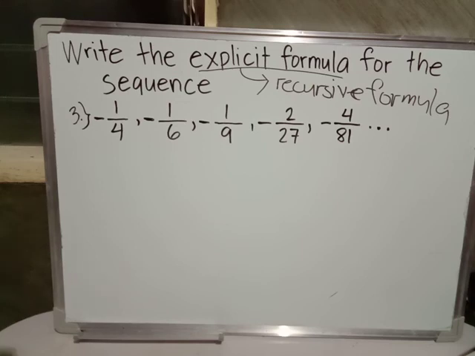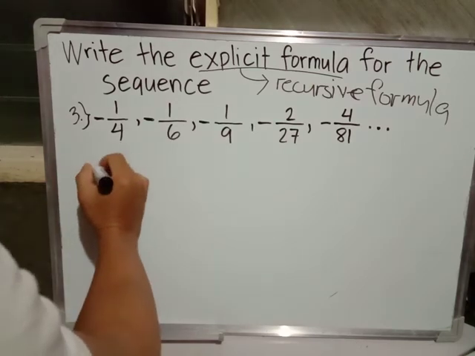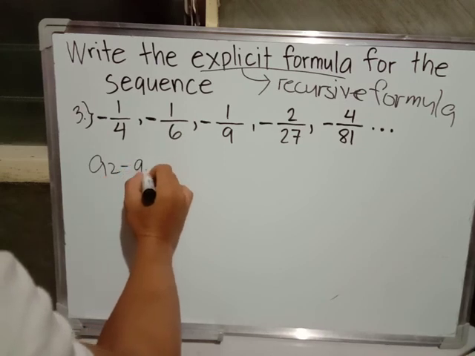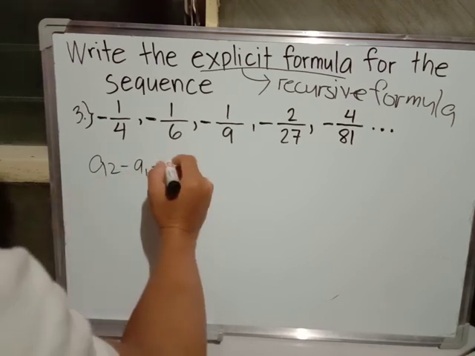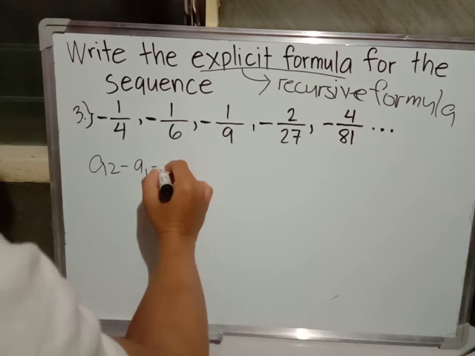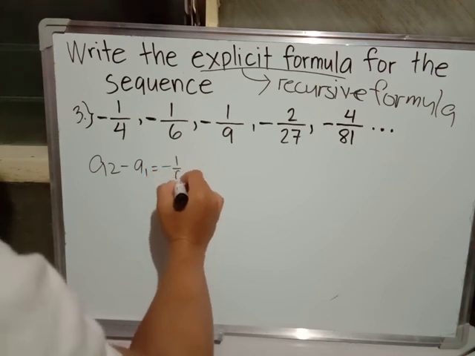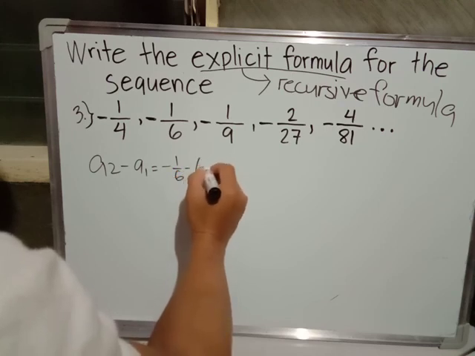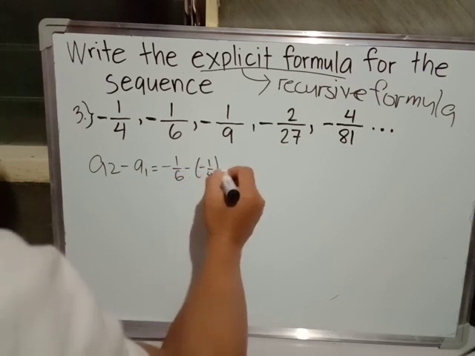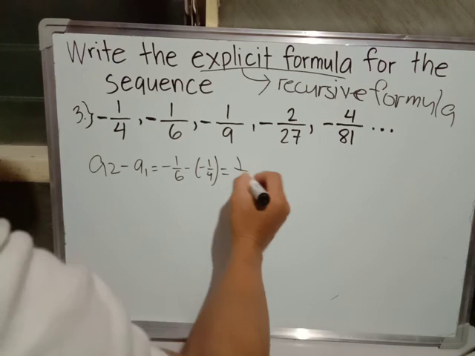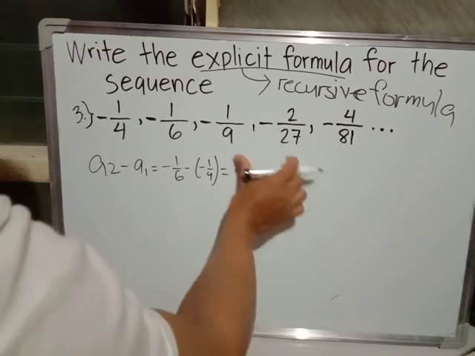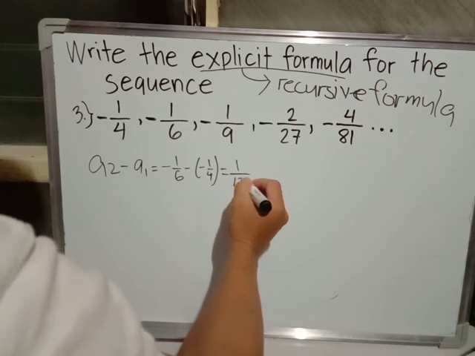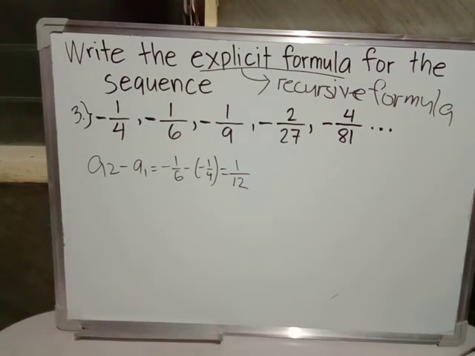Earlier, we know that E2 minus E1 is equal to 1/6 minus negative 1/4. We know that this is 1/12. Okay.